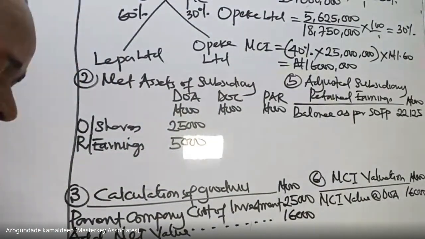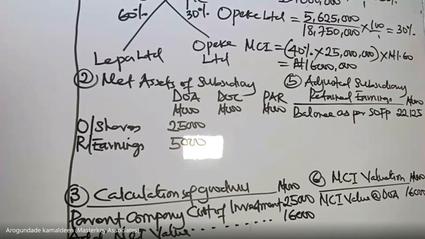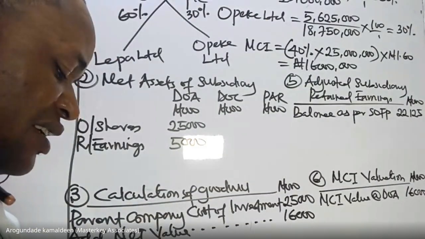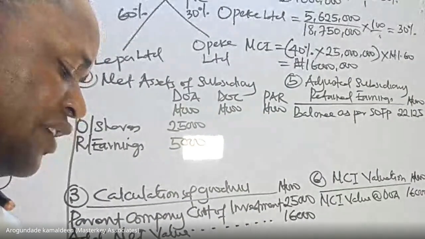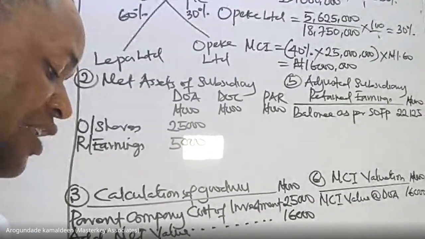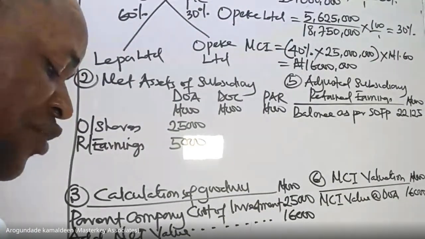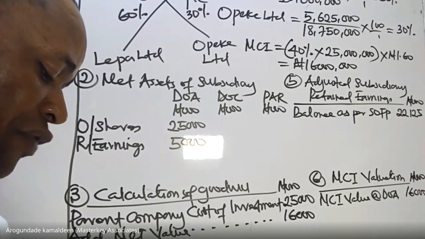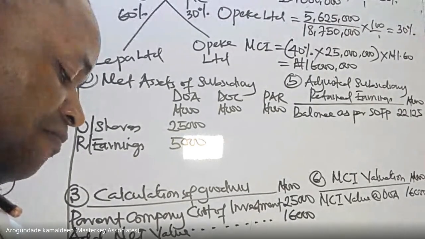Note B: at the date of acquisition of Lepa Limited, the fair value of its freehold property was considered to be 10 million greater than its value in Lepa Limited's statement of financial position.